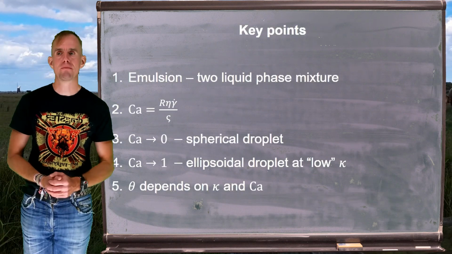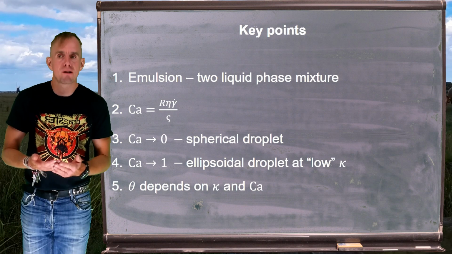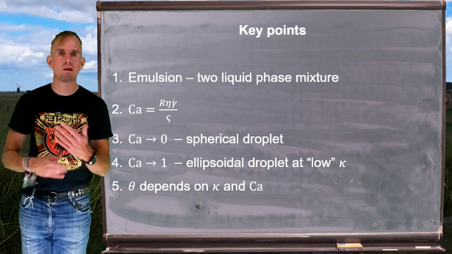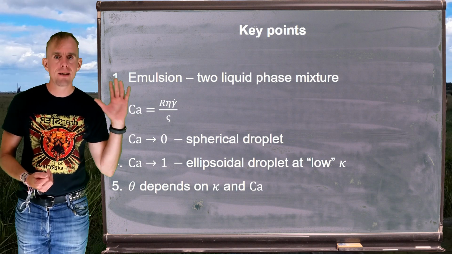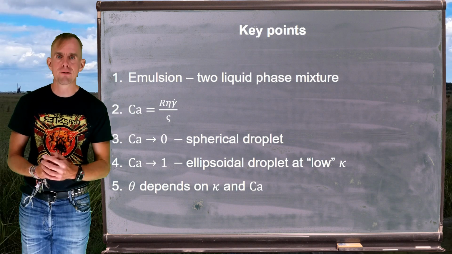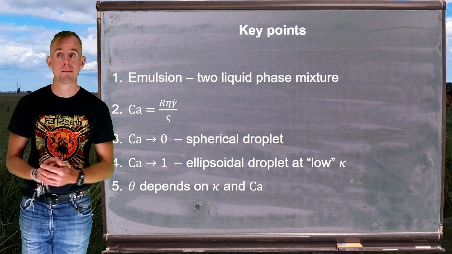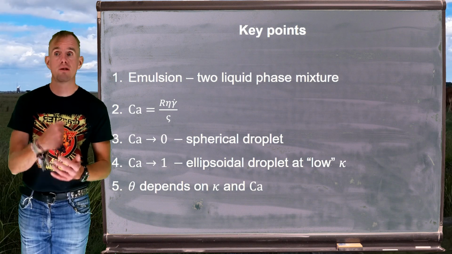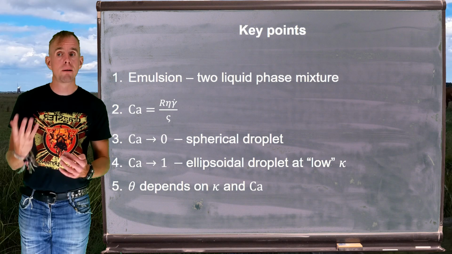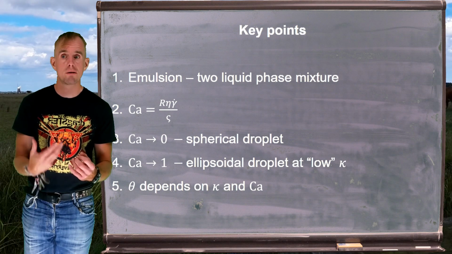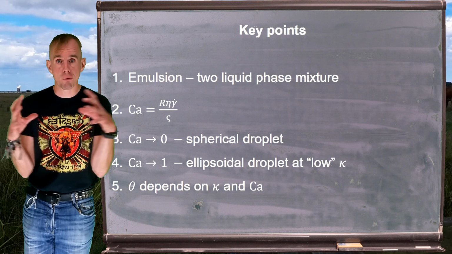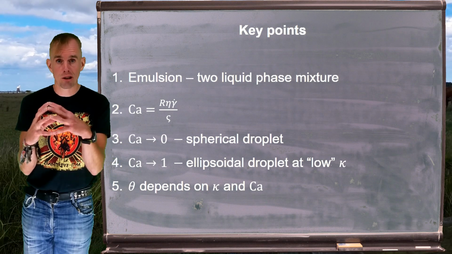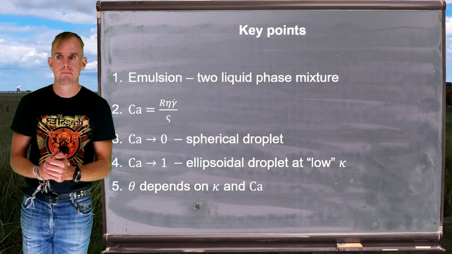Let's recap a few key points. We're starting to look at emulsions, which are mixtures of two immiscible liquid phases. A key non-dimensional group that governs the behaviour of emulsions is the capillary number, viscous stress over surface stress. As capillary number tends to 0 in an emulsion, we see that we have spherical droplets. Surface tension dominates, forcing minimisation of surface area, i.e. a spherical entity.